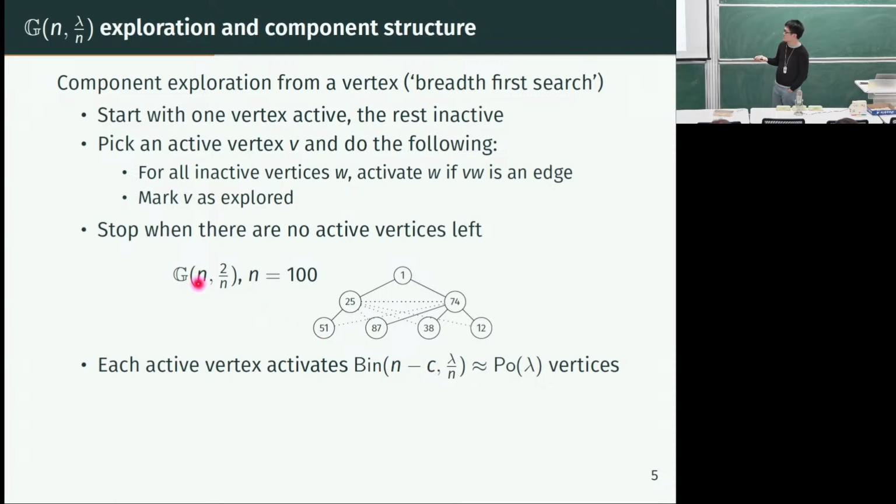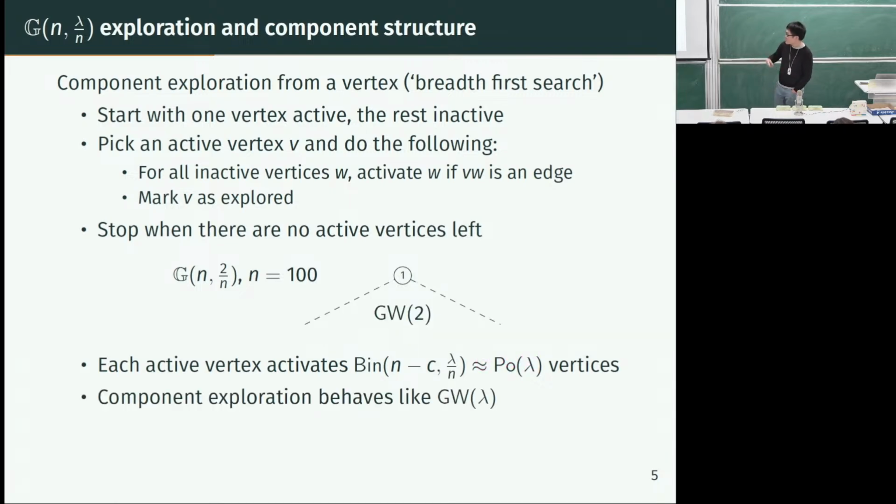And since we're in G(n, p) for p of this form, we have this probability like this. The key thing to note is that as long as c is not too large, this random variable here is roughly like a Poisson distribution.